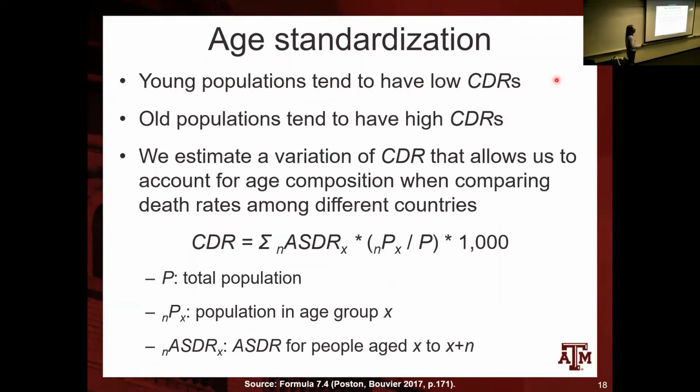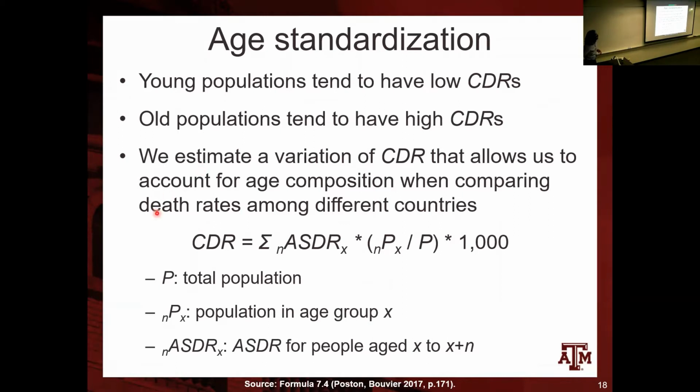But we have to come up with a measure in order to take into account age composition of countries and compare their mortality levels. Because young populations tend to have low crude death rates and old populations tend to have high crude death rates. Older people have a higher chance of dying.